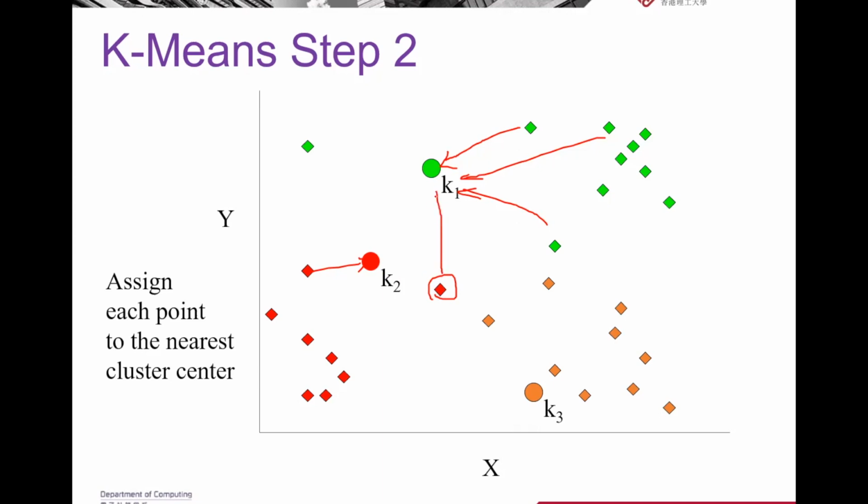I calculate the distance to here, the distance to the second one here, and the distance to the third center here. Then I compare those three distances and pick the minimum one. So this is the minimum. Then this sample is assigned to K2. So you can repeat that for all the samples in the feature space by comparing their distances to the centers. Then you decide which one will be assigned.